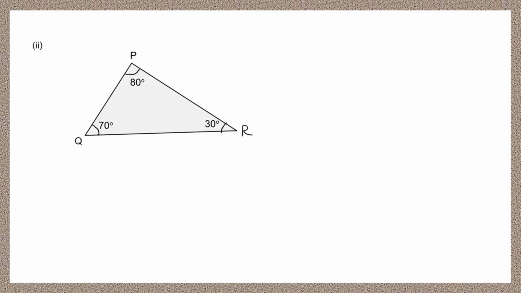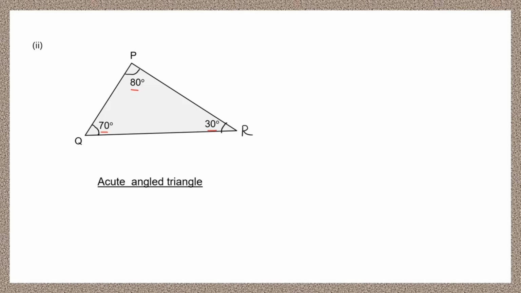Question 2. Let's look at the three angles. We have 80 degrees, 70 degrees and 30 degrees, and they're all less than 90 degrees. They're all acute angles, so we call it an acute angled triangle.